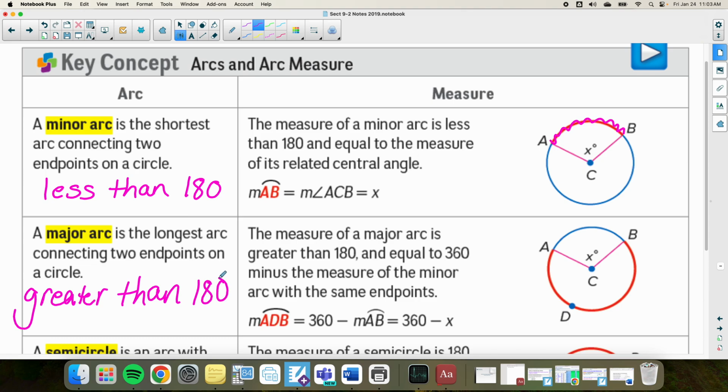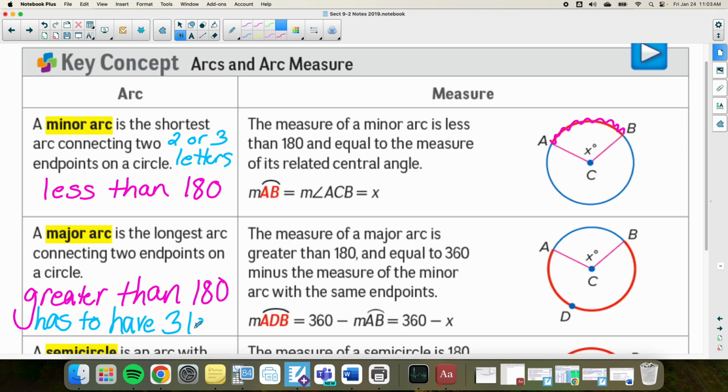Now, another thing that is true about minor arcs is they can be named with 2 or 3 letters, whereas a major arc has to have 3 letters.